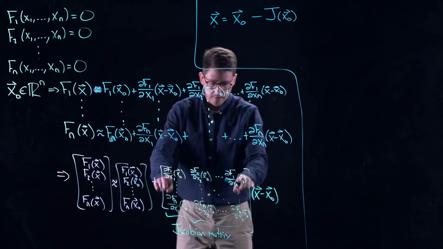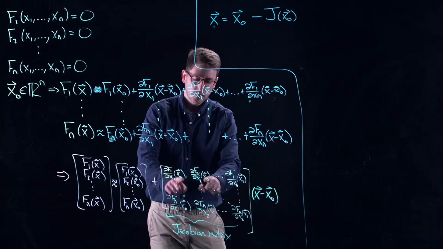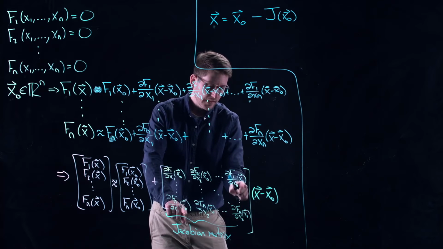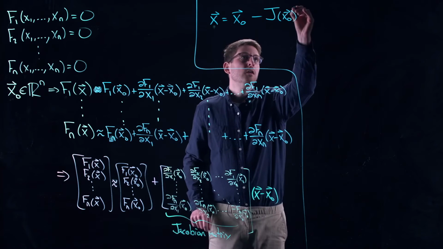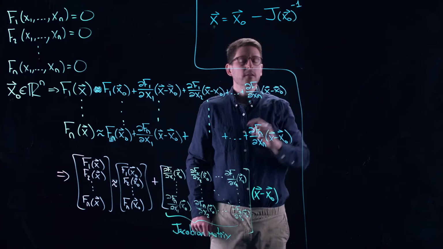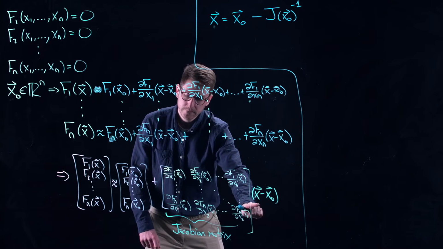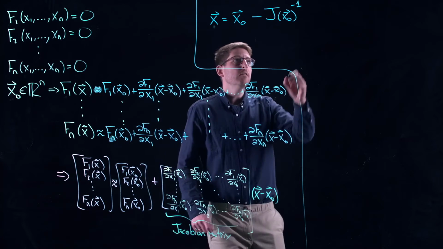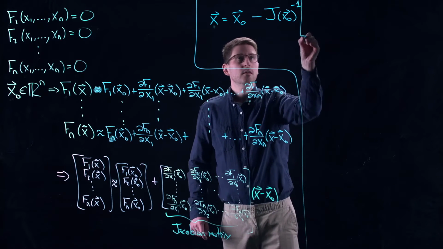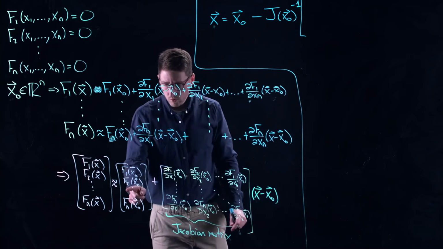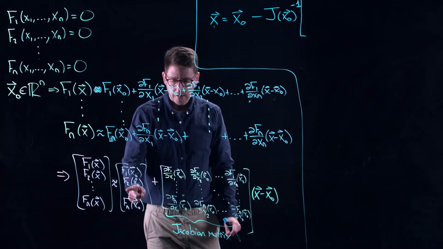So that denotes this whole matrix here evaluated at x naught, or x0. And it's inverted because I needed to get it away from my x right here. And it is inverted against this whole vector of initial guesses, right?